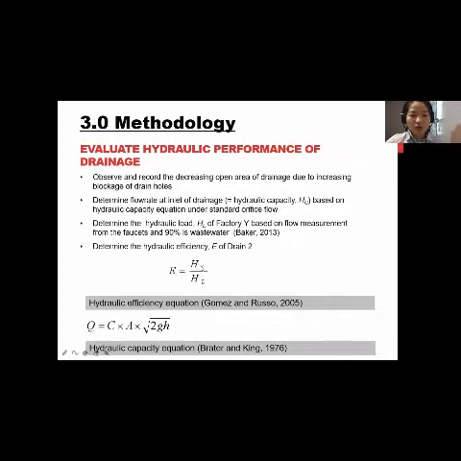And the HC is the hydraulic capacity, which can be calculated using this equation, while the HL is based on the flow measurement, and I assume 90% is wastewater according to Factor 2013.